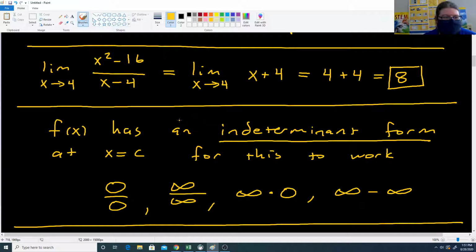So here we use continuity: this function is the same as that function as long as x is not 4. And then, since this function is continuous, we can evaluate by substitution on this part when we couldn't evaluate by substitution on that part. Okay.